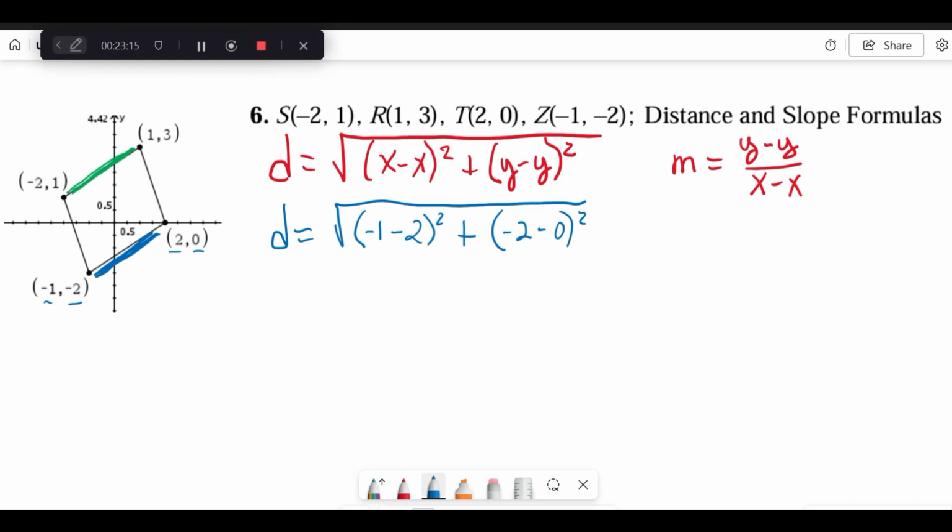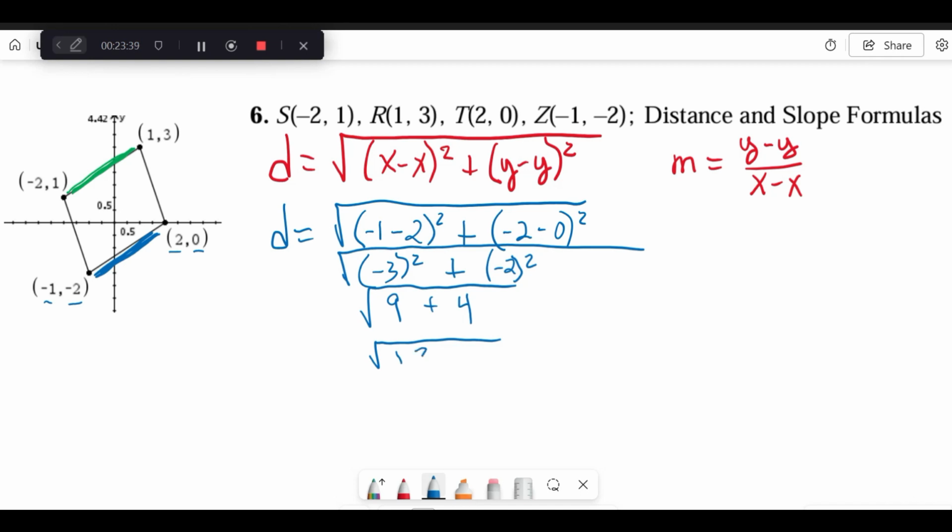Plugging it into that formula. -1 take away 2 is -3 squared, which is 9. Plus -2 take away 0 is -2 squared, which is 4. So all of that together equals the square root of 13. Now you can just use your calculator for that. But the distance here would be equal to the square root of 13.